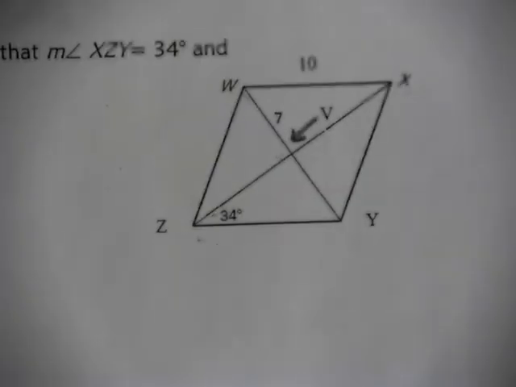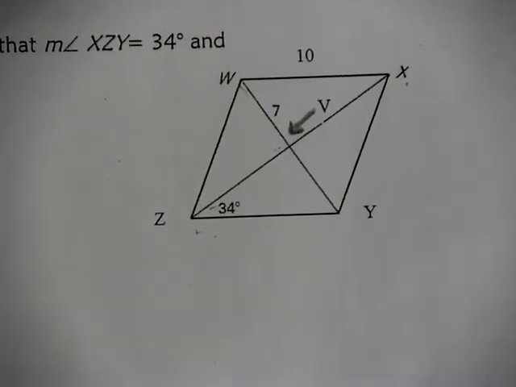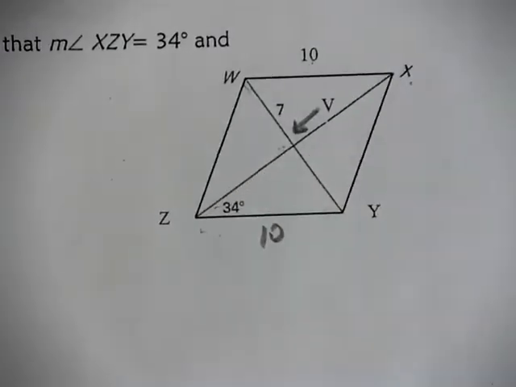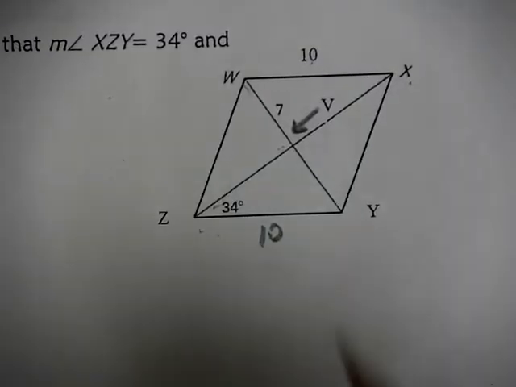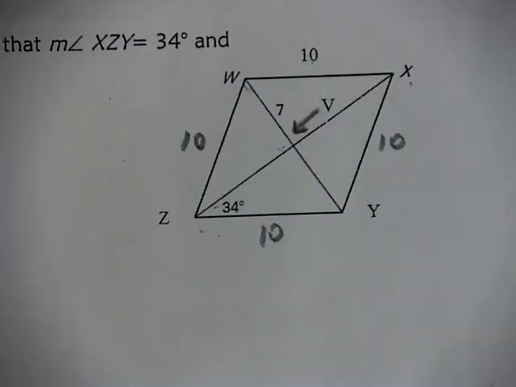Well, let's first focus just on our figure. What do we know about a rhombus? We know that opposite sides are congruent. We know that all the sides are congruent, in fact.